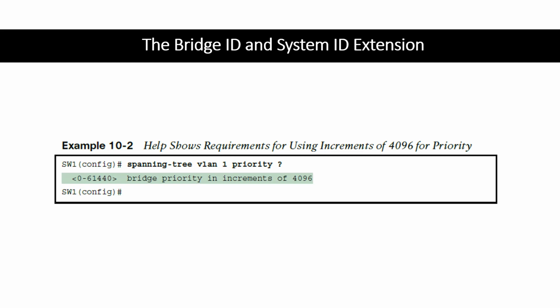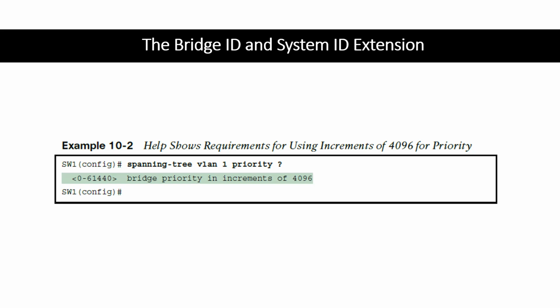That is what you can change in global configuration mode by putting in the command spanning-tree vlan 1 priority. Again, you'll go in increments of 4096. But there are things we need to consider when configuring the priority number.